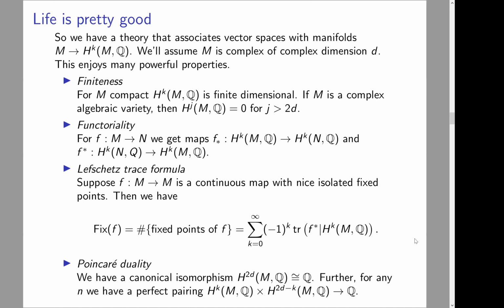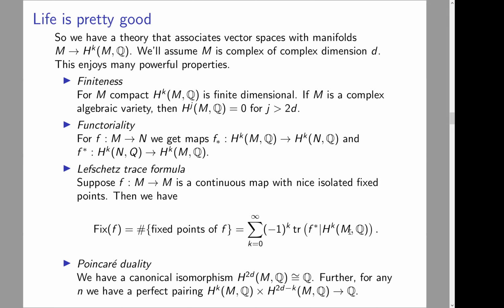And you could imagine that all the other 3 properties, finiteness, functoriality, and Poincaré duality, would hold, but there's no way this could hold, because here you have to sum traces, and you have to sum these traces in some field. And if your field has characteristic p, then you can sum a bunch of non-zero things and get 0, which is not good, right? So your trace can become 0, even if you're working with highly non-trivial things, which is not something that we want to happen. So this Lefschetz trace formula fails if you take positive characteristic for the coefficients of your cohomology, whereas everything else, I think, can hold with the appropriate definition. Yes, that is a very good point.